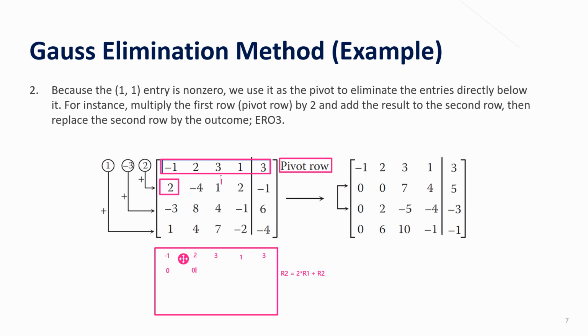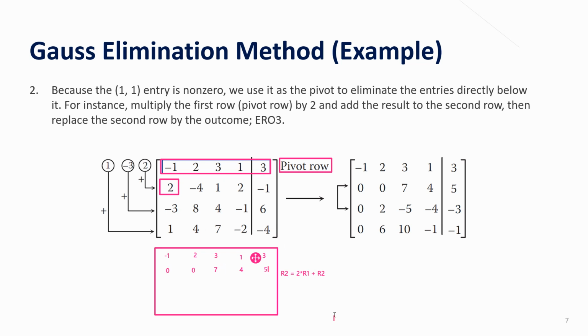Then 3 multiplied by 2 plus 1 is 6 plus 1, which is 7. Next, 2 multiplied by 1 plus 2 is equal to 4. And then 3 multiplied by 2 plus minus 1 is equal to 5. So that is the operation for the second row.